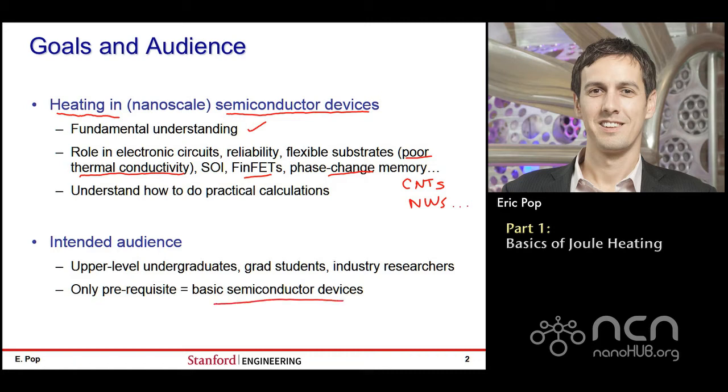The only prerequisite is basic semiconductor devices, as you will see, perhaps a little bit of quantum mechanics, basic transport physics and semiconductors. But I think a course on basic semiconductor devices should cover most of the concepts that we will need to proceed over the next 4 short lectures.